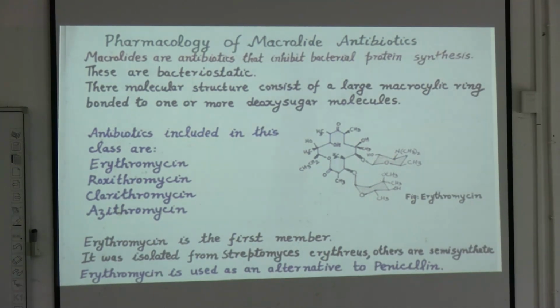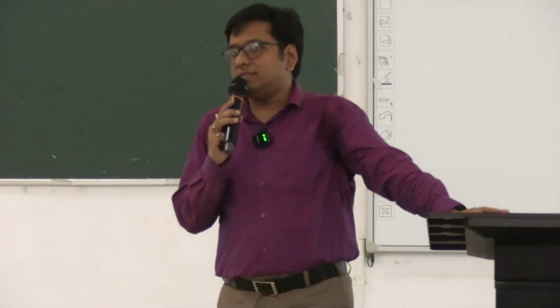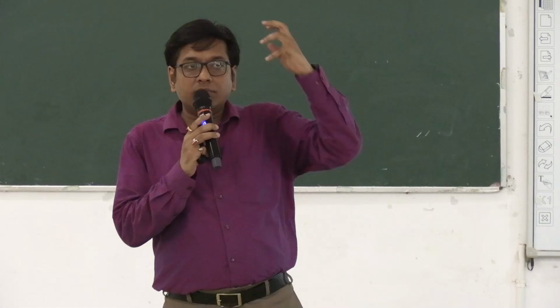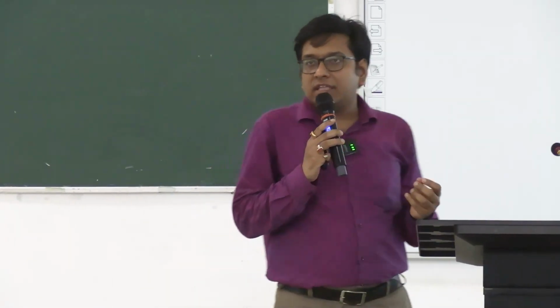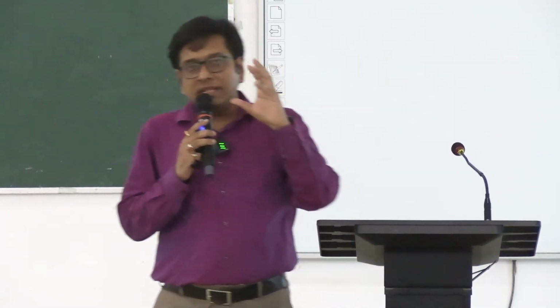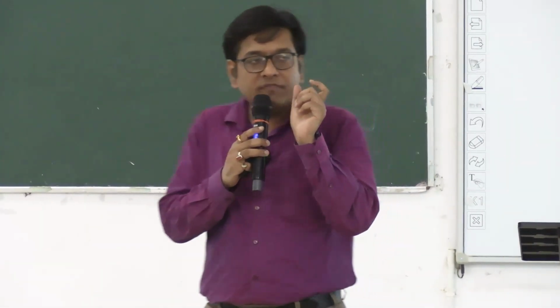you see, among beta-lactam antibiotics, an important group is penicillin. Okay? This penicillin, please remember, is largely or mainly effective against gram-positive bacteria. Understood? There are gram-positive, gram-negative and anaerobic bacteria. So penicillin is effective against gram-positive bacteria mainly.